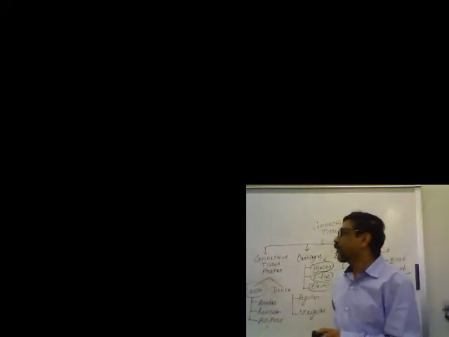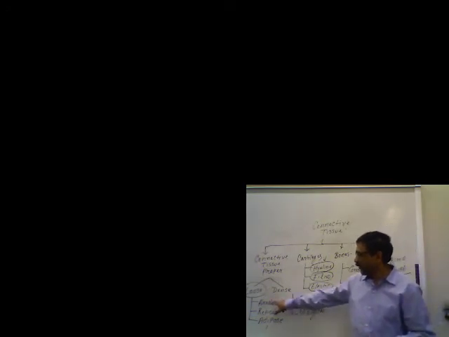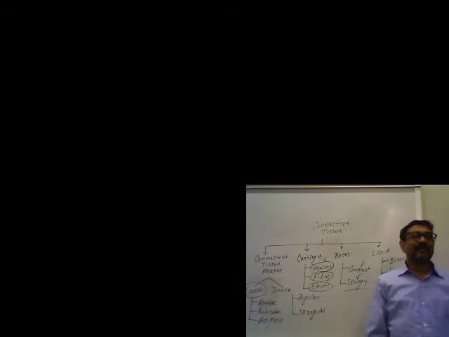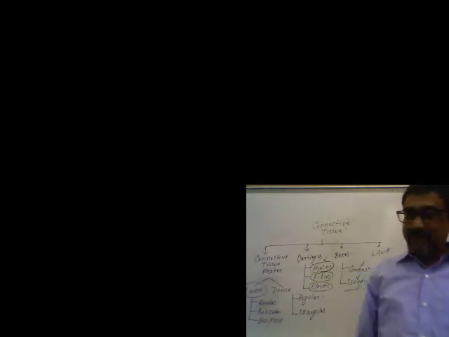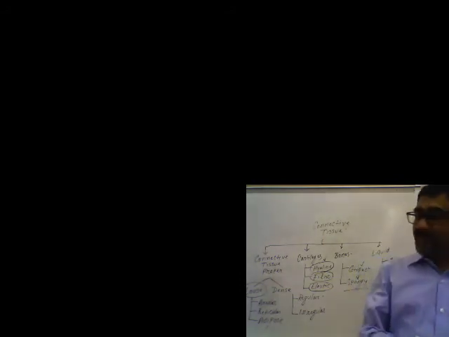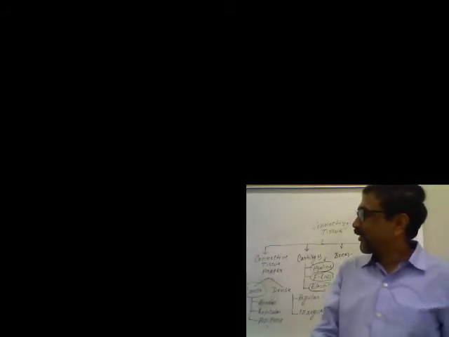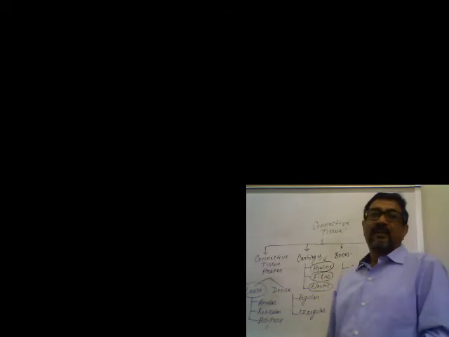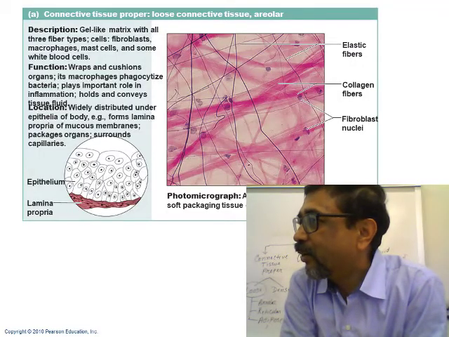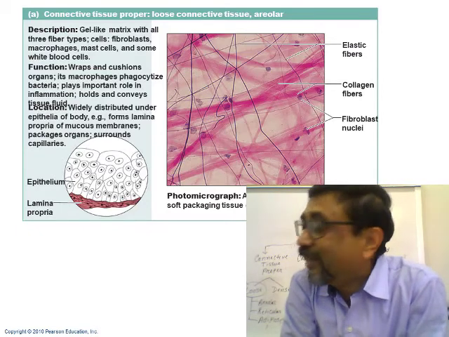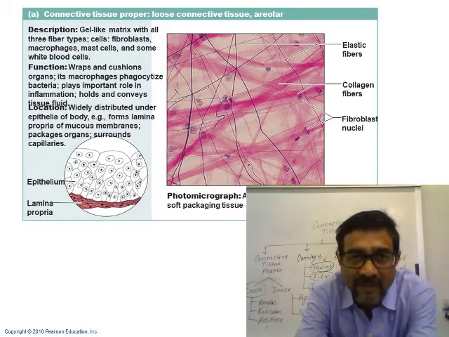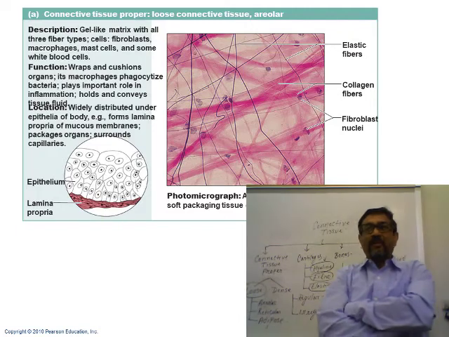So this is loose areolar connective tissue proper, right? You see, in loose areolar, the fibers are collagen and elastic. You see the red stained fibers here are collagen fibers, and the thin dark hair-like fibers, those are the elastic fibers.